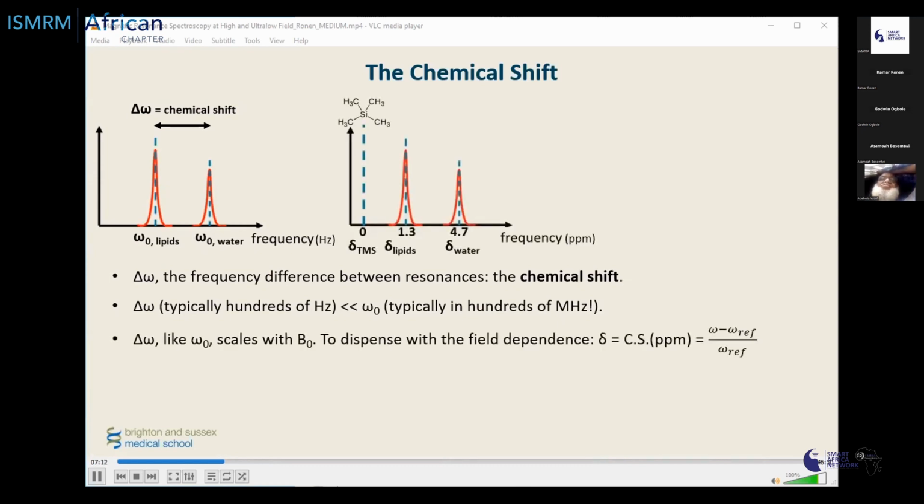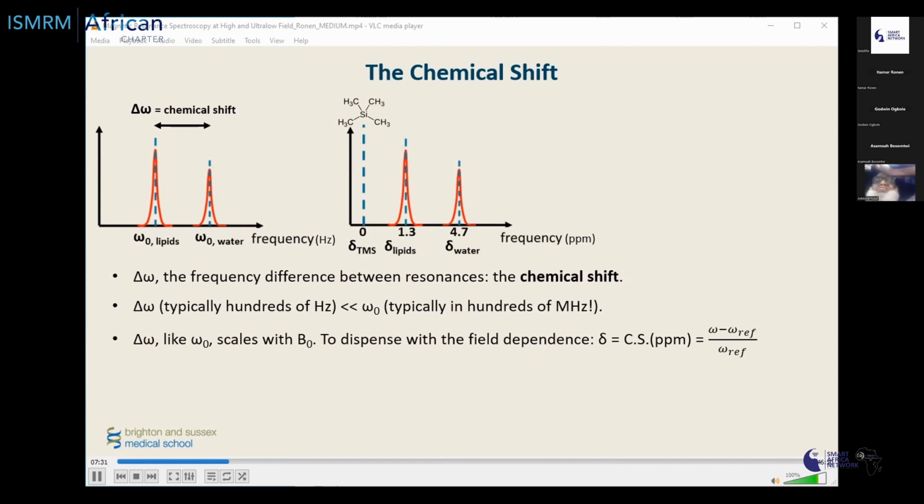Now, we have to make sure that if we measure, for example, a spectrum in a 1.5 Tesla scanner and a spectrum in a 3 Tesla scanner, we always refer to the same units. So we can scale the frequencies by a reference frequency.